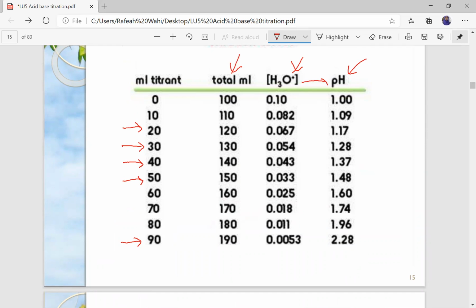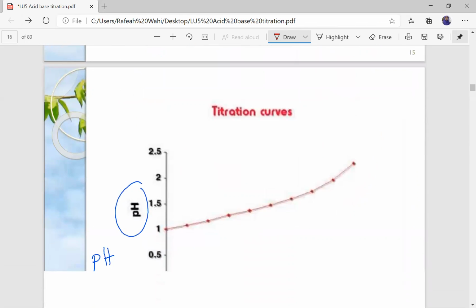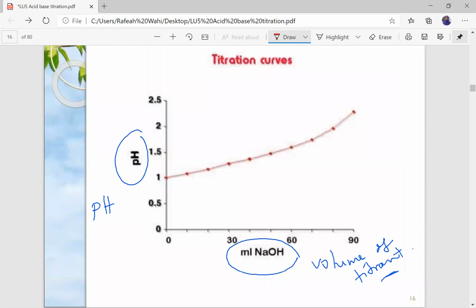You take the ml of titrant from this table and plot it, so you have this curve.